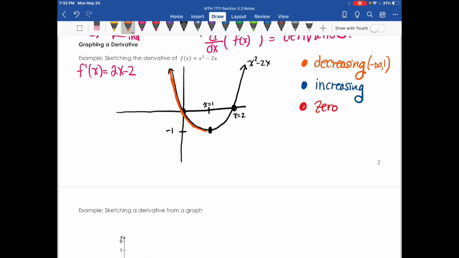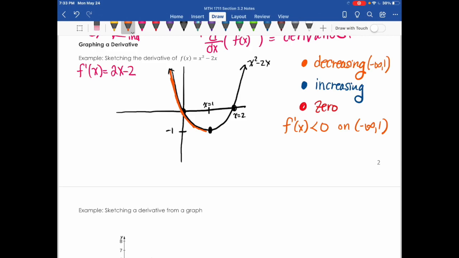I'm decreasing. So that means if we're decreasing, the slope of the tangent line at that point, or the rate of change at those points along where the orange is, is going to be negative. So that tells me that the derivative is going to be negative, meaning less than 0, on the interval negative infinity to 1.